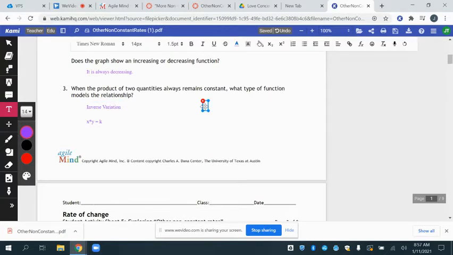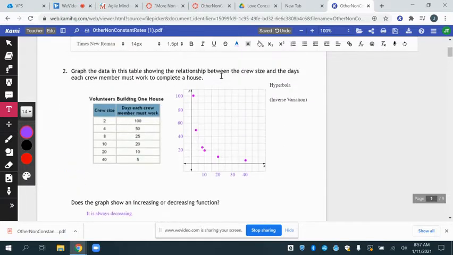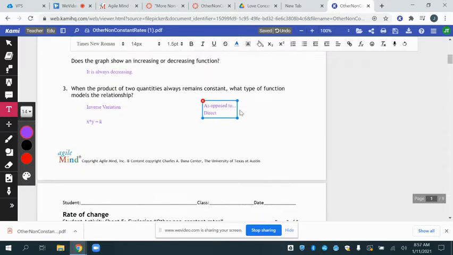What we learned in the past was direct variation. Now, if you remember, direct variation was basically point slope form. It was like a line with a slope. It was not this shape. It was not curved. It was a straight line.